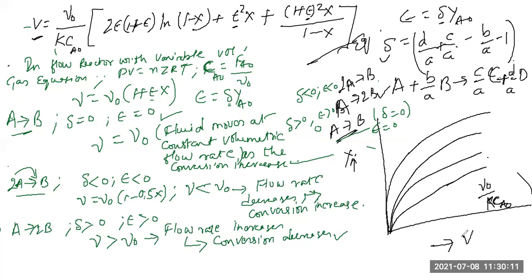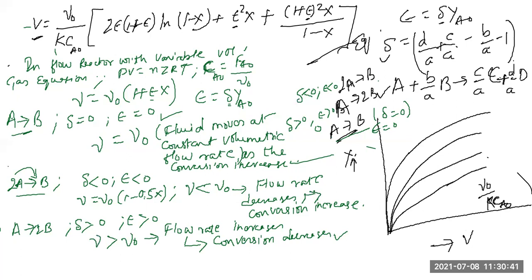Whereas when the volumetric flow rate decreases, molecules will spend more time inside the reactor along the length of the reactor, right? So there would be more reaction. More reaction means higher conversion, right? This is what you have to understand.